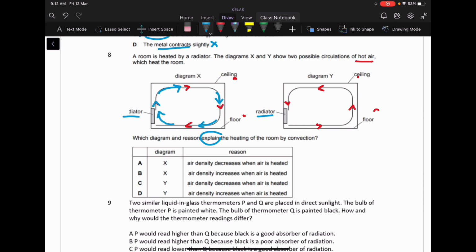So that's how we get convection. So X is correct, not Y. So we are left with A or B. Okay, air density decreases when air is heated. Okay, I told you just now. Right, so the answer is A.